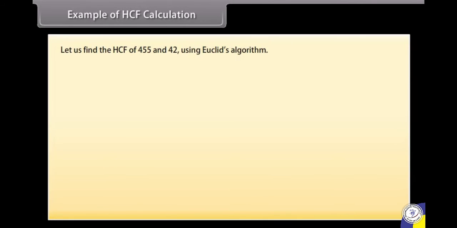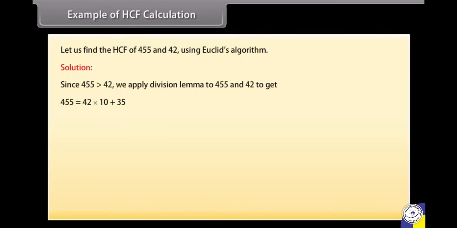Example of HCF calculation. Let us find the HCF of 455 and 42 using Euclid's algorithm. Solution. Since 455 is greater than 42, we apply Division Lemma to 455 and 42 to get 455 is equal to 42 into 10 plus 35.